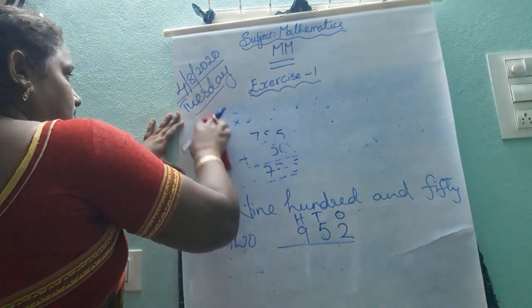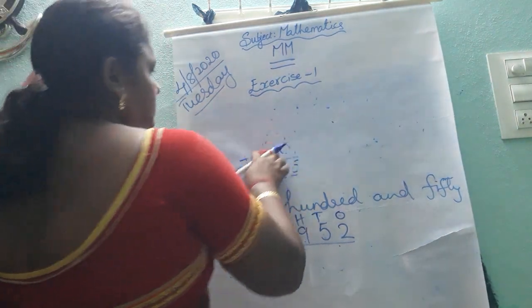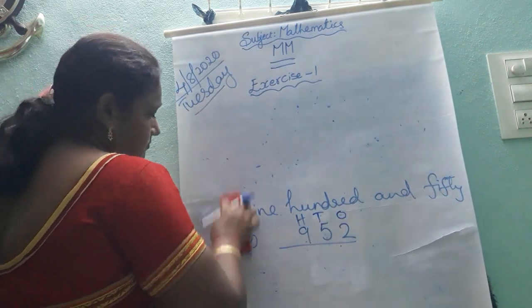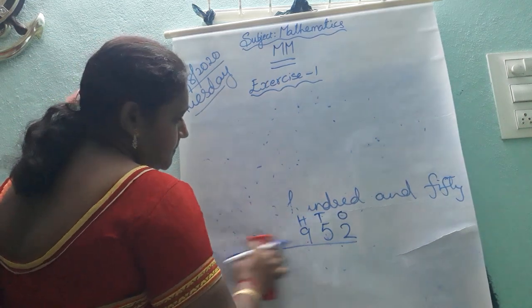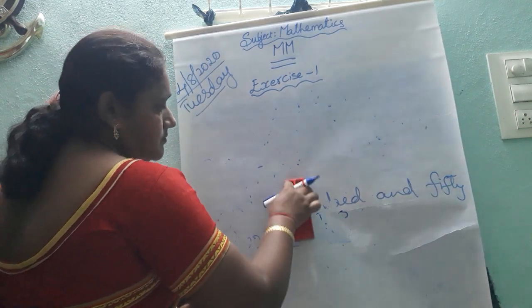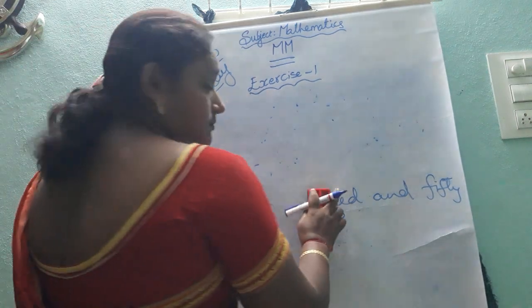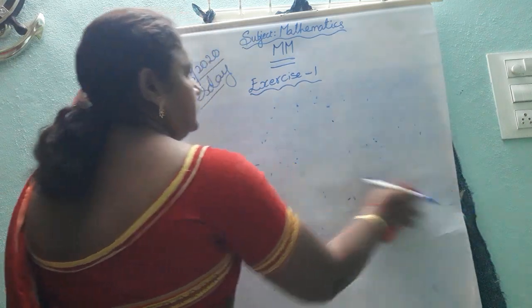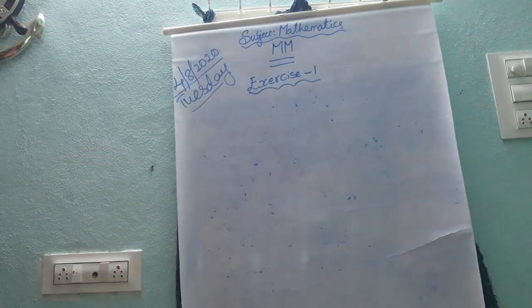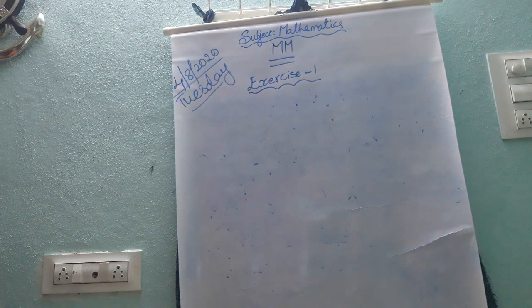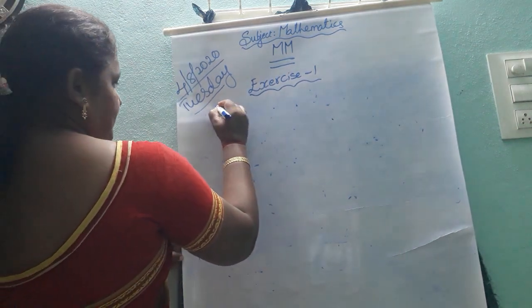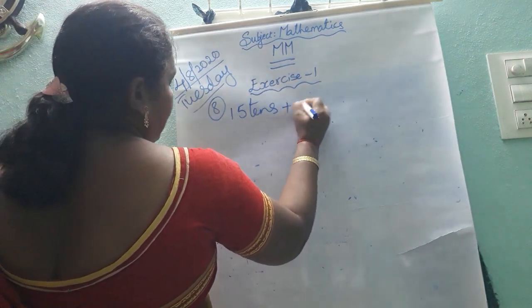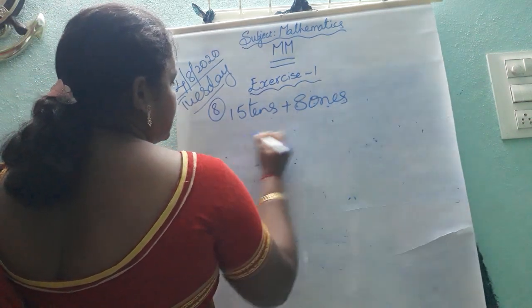See the next one, children. 15 tens plus 8 ones. What is 15 tens?